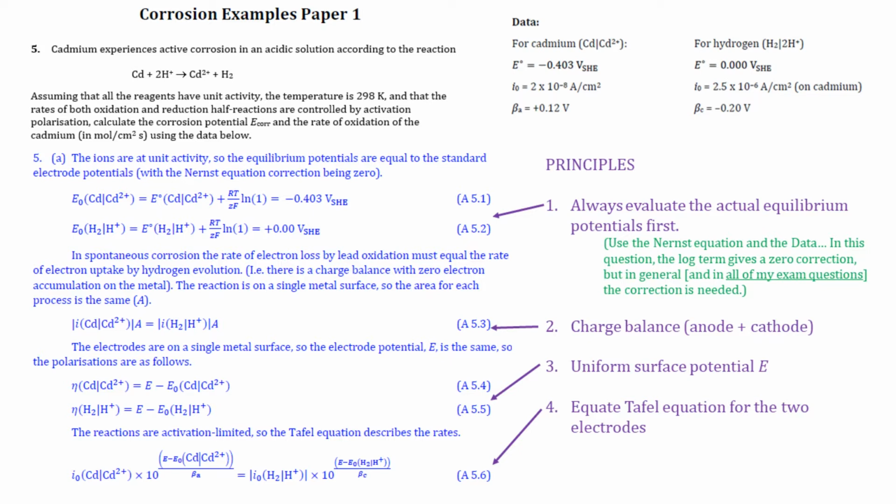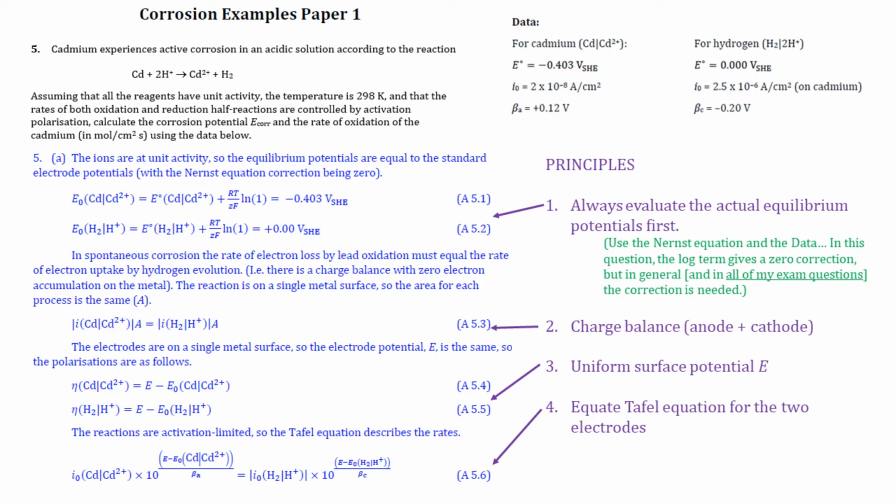It says, assuming that all the reagents have unit activity, the temperature is 298 kelvins, and that the rates of both oxidation and reduction half reactions are controlled by activation polarization, meaning the Tafel equation applies, calculate the corrosion potential E_corr and the rate of oxidation of cadmium in moles per centimeter squared per second.